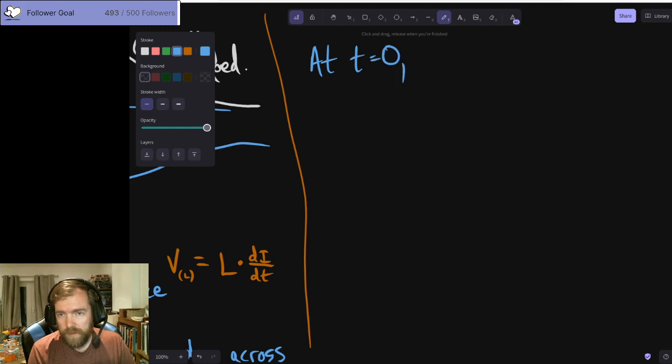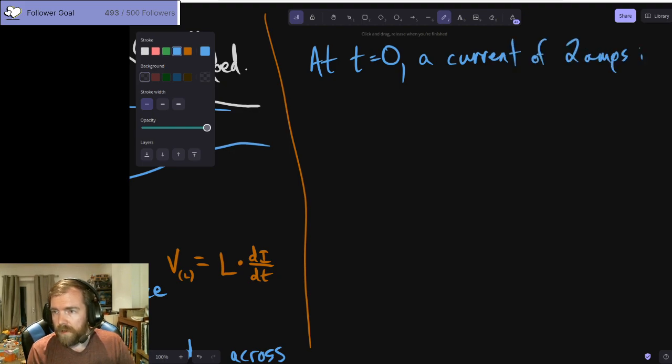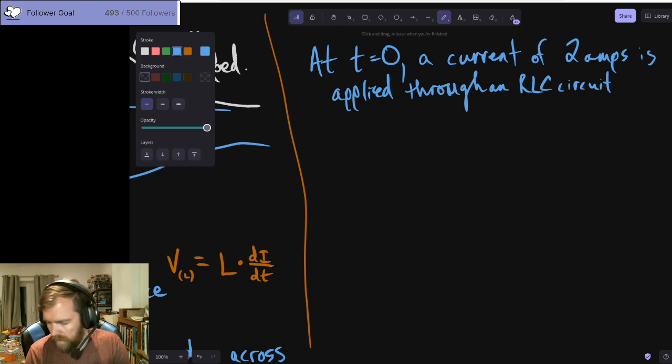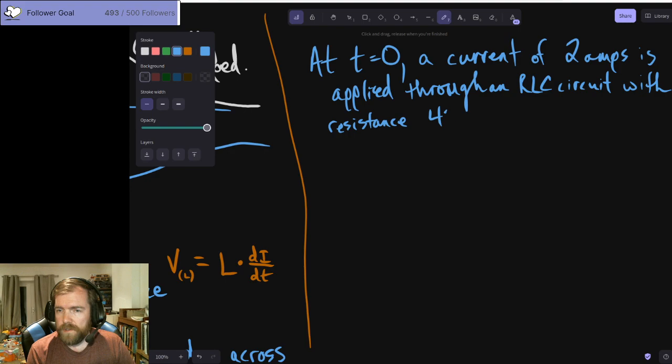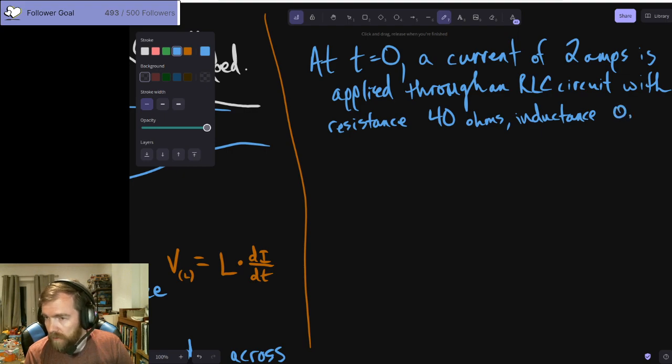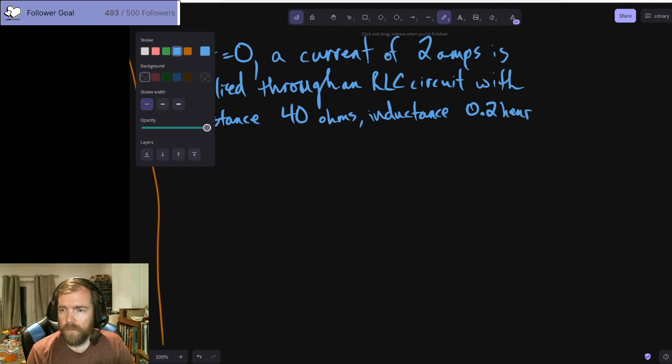Alright, so at t equals 0, a current of 2 amperes is applied through an RLC circuit with resistance 40 ohms, inductance is 0.2 henries, and yes, it is henries rather than henries-with-an-IES-ending.